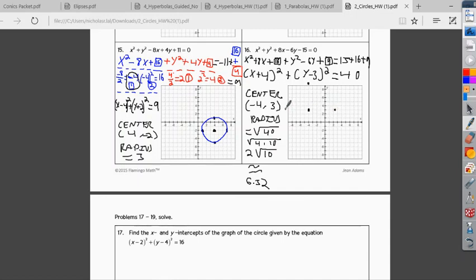A little bit off the charts here. And then 1, 2, 3, 4, 5, 6, and a bit. This is our circle. We have a larger circle here.